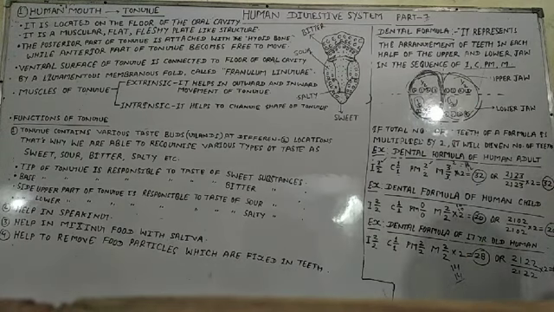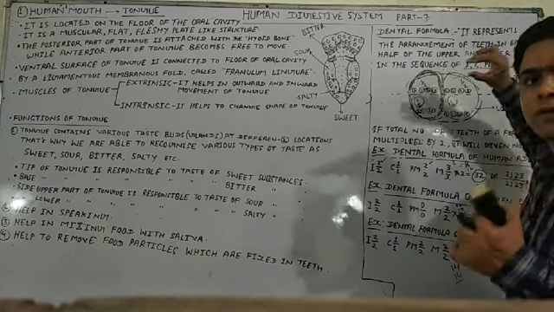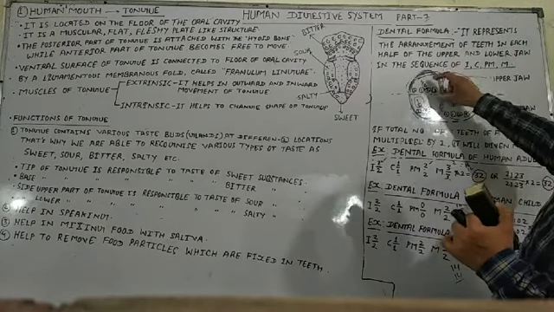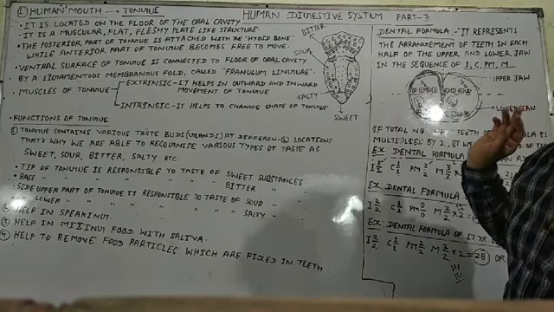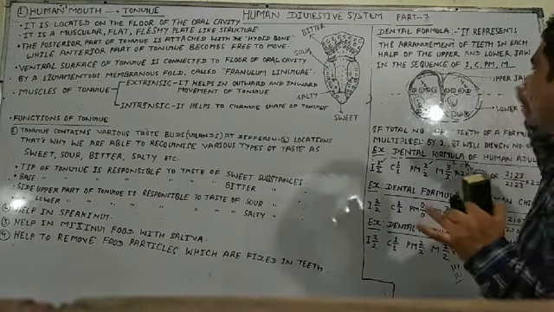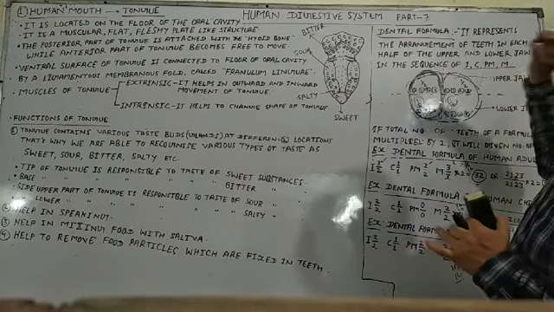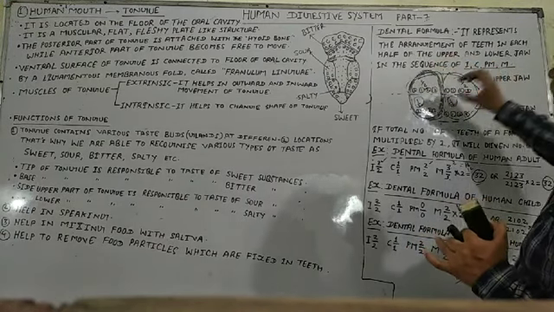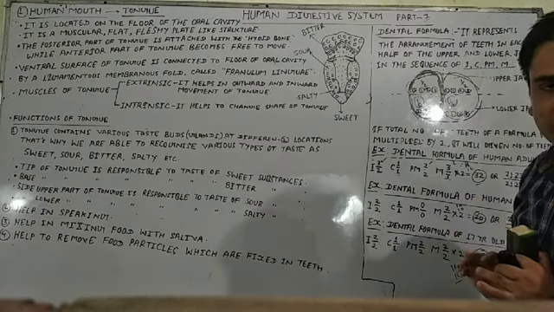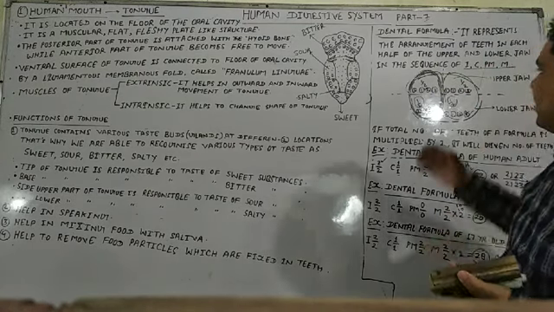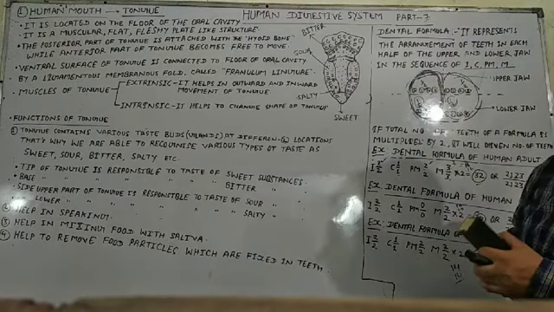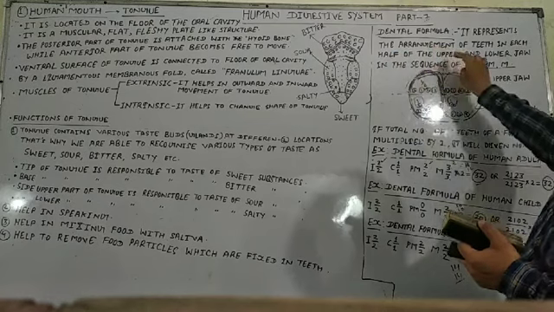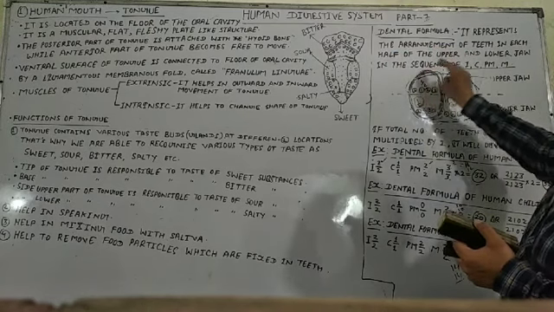So dental formula gives the numbers of teeth found in each half of the upper jaw and each half of the lower jaw.